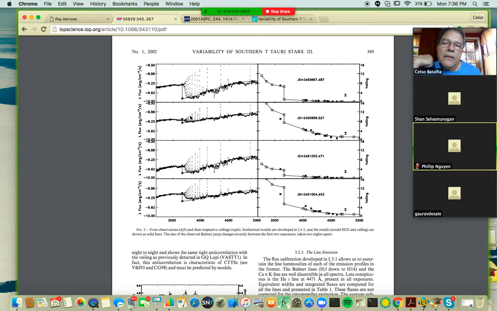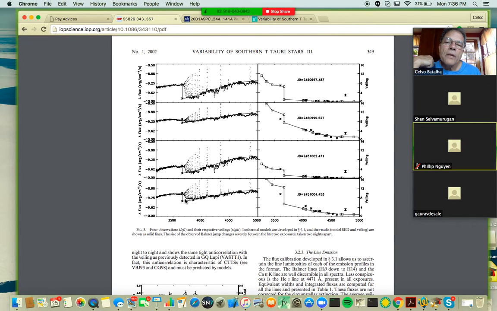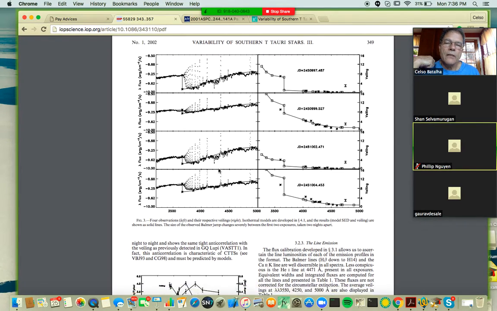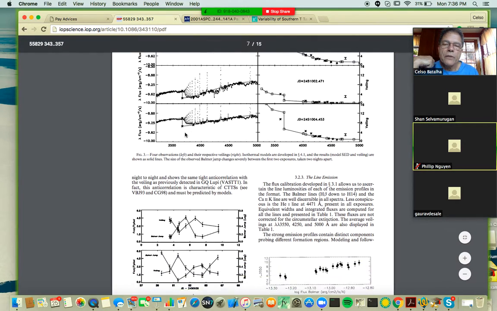This jump changes depending on where and when you observe, and you can use that to model the accretion flow. We did that in the continuum part of the spectrum, just a small region in the blue. You have nice hydrogen emission lines, and you can see how the emission changes as the Balmer continuum changes as well.